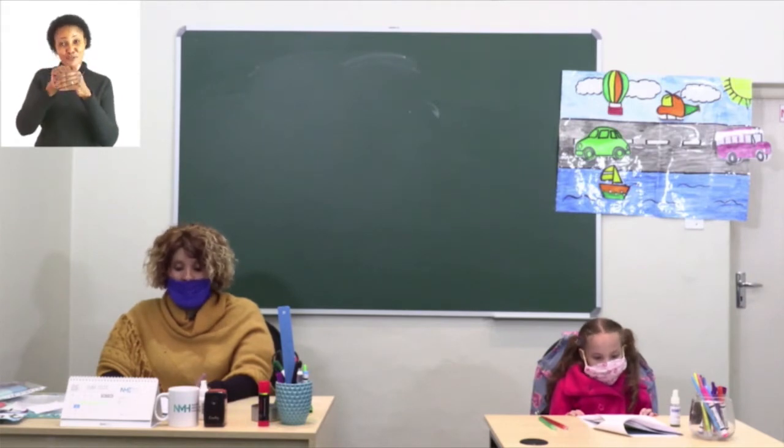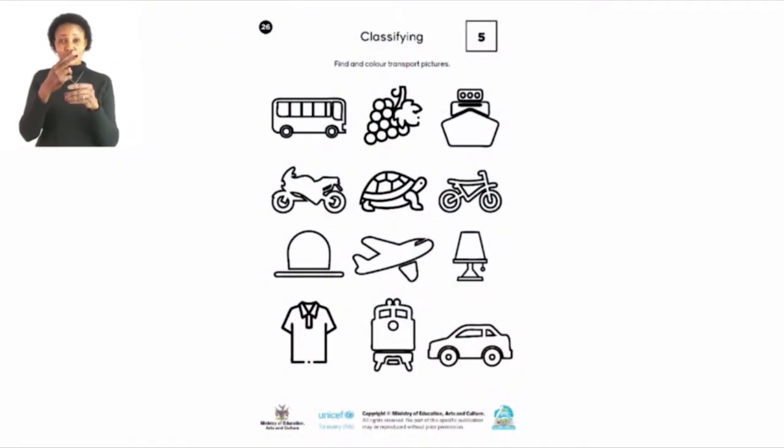Now, if you look at the pictures on page 26, can you go to page 26? You will see many pictures over there. If you look at the first one, it's a bus, the grapes, a stove, motorbike, and it goes on. But our instructions is to find the different transport pictures and color them in.